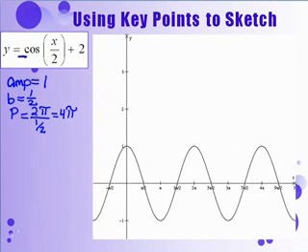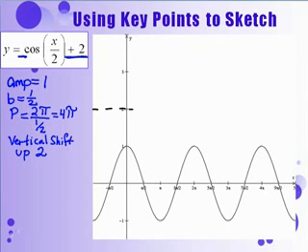Since we don't have a C value, we're not going to have a horizontal shift, but we have a plus 2 here, which means we have a vertical shift up 2. So what that means is that our equilibrium line has been shifted from the x-axis up here to y equals 2.